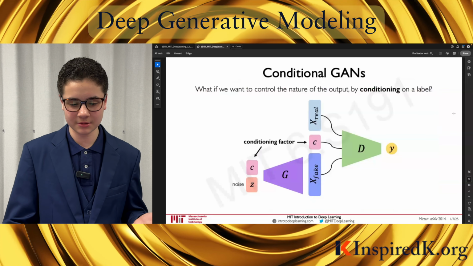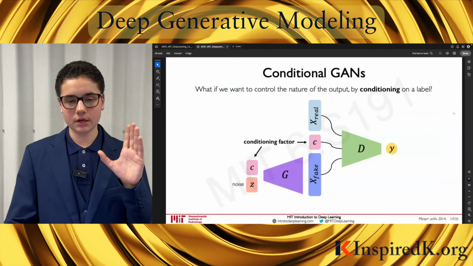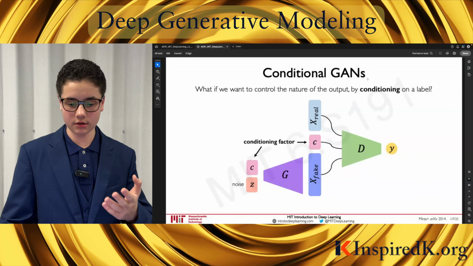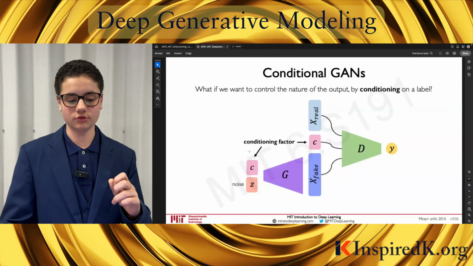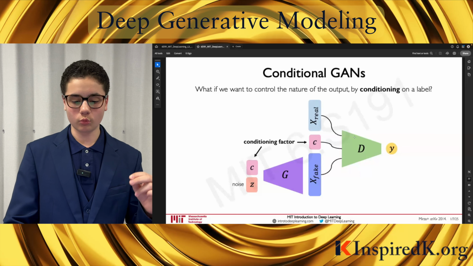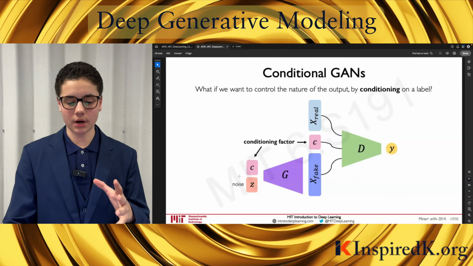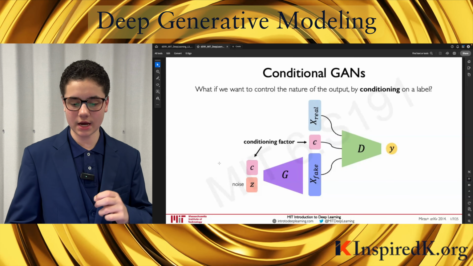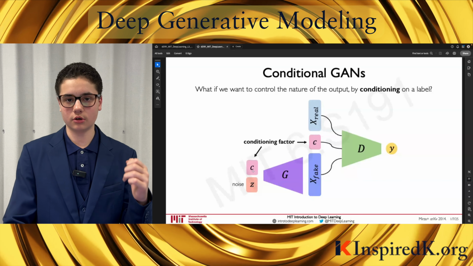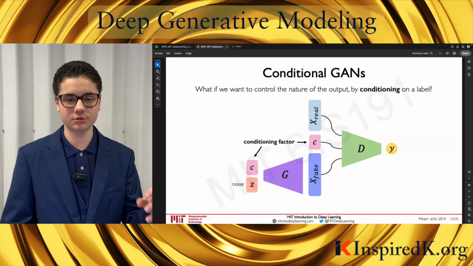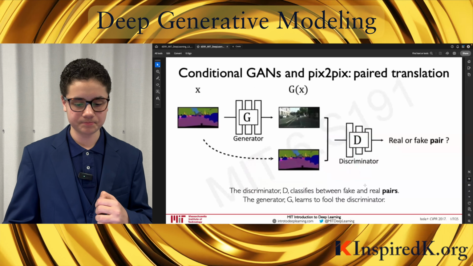And with a new GAN architecture, we can introduce a condition where we can change our output by conditioning it with a specific factor. This factor could be called C, and it would allow us to only take specific parts of our output.